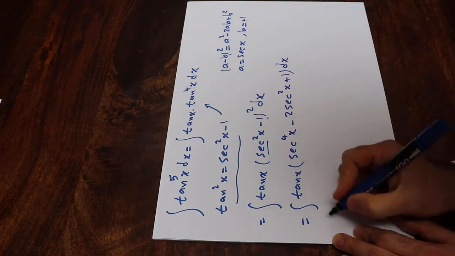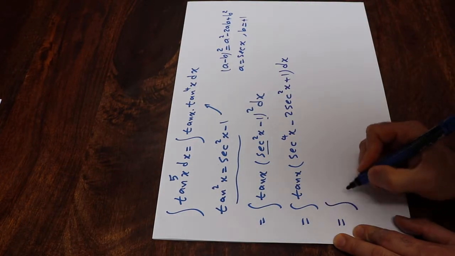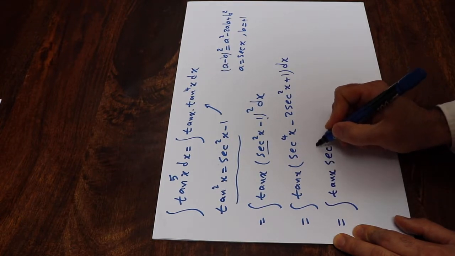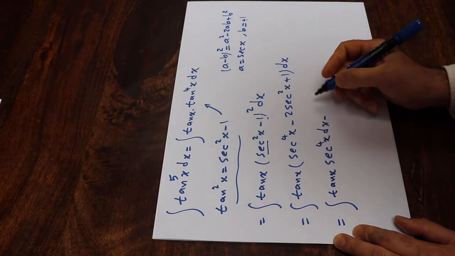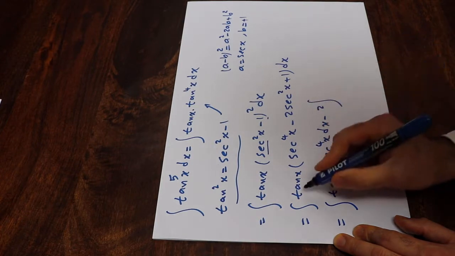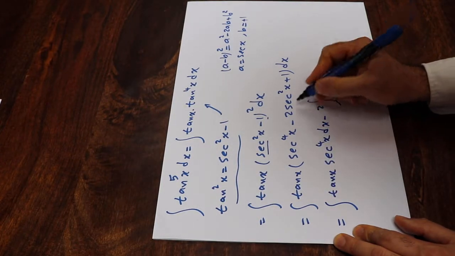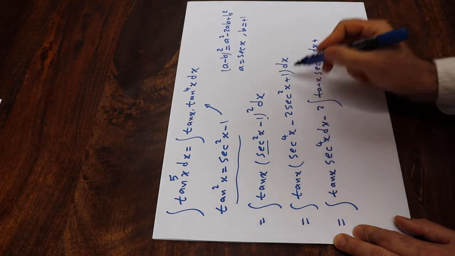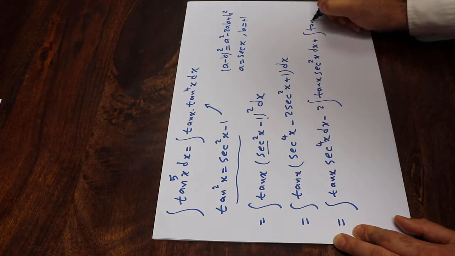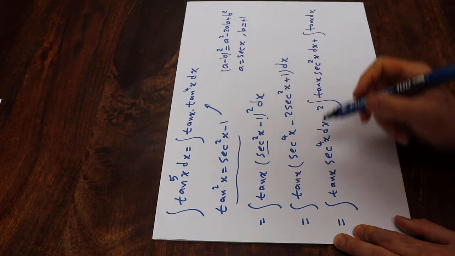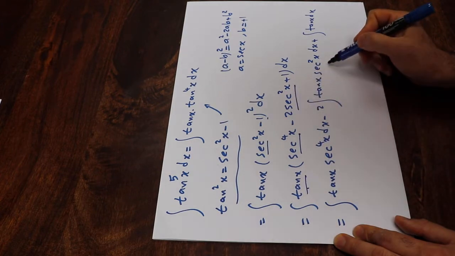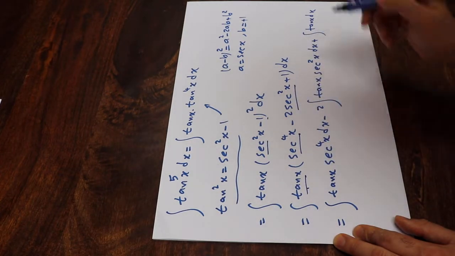Now you can expand this into the integral of tangent x times secant 4x dx minus 2 times the integral of tangent x times secant squared x dx plus tangent x times 1, which is tangent x dx. All I did was multiply each term by tangent x dx.